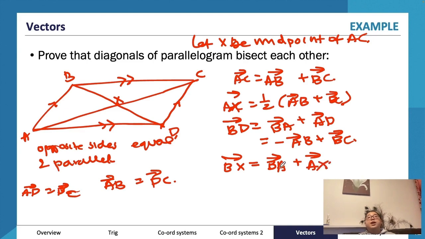Let me rub that out. You can see how the A's connect there. So BA is just negative AB, plus our AX, which is plus 1/2 AB plus BC.